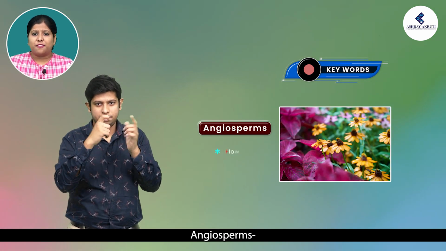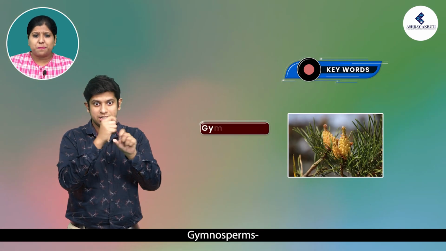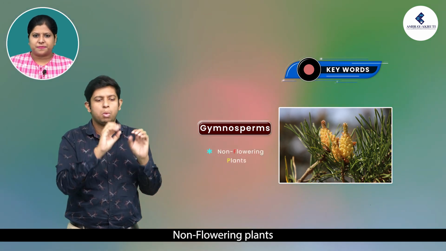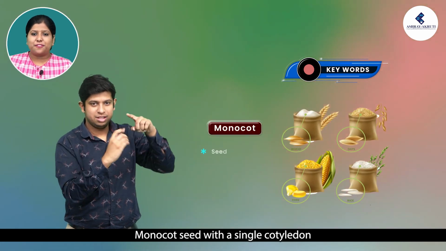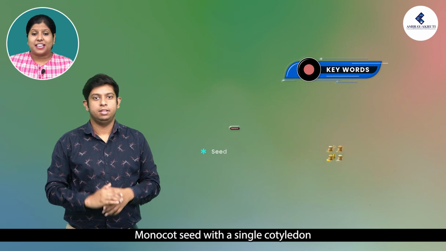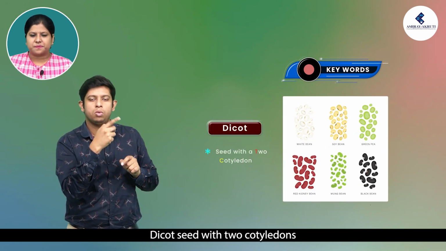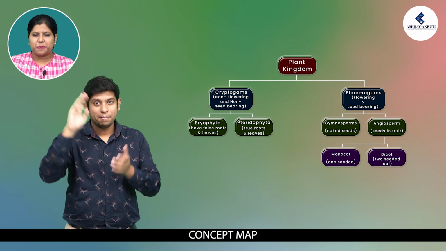Angiosperms, flowering plants. Gymnosperms, non-flowering plants. Monocot seed with a single cotyledon. Dicot seed with 2 cotyledons. Concept map.